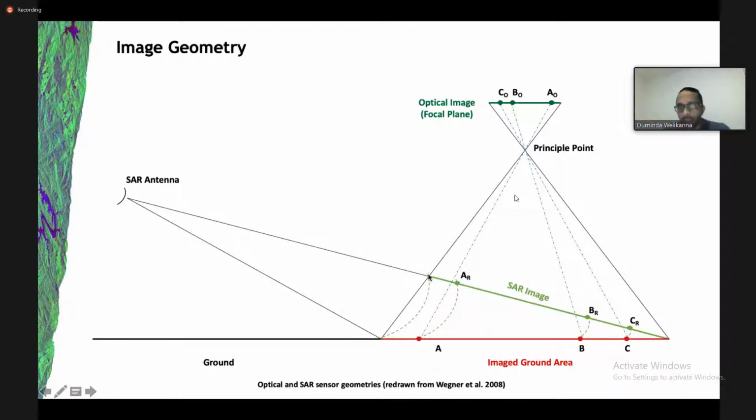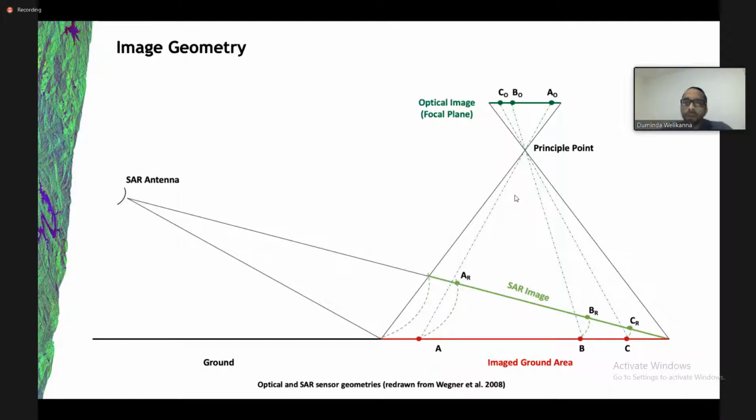And their image is formed on a slant plane, as you can see on this green line. So these images are much more difficult to interpret and need advanced image processing techniques to put them at a level where you can extract features or information.